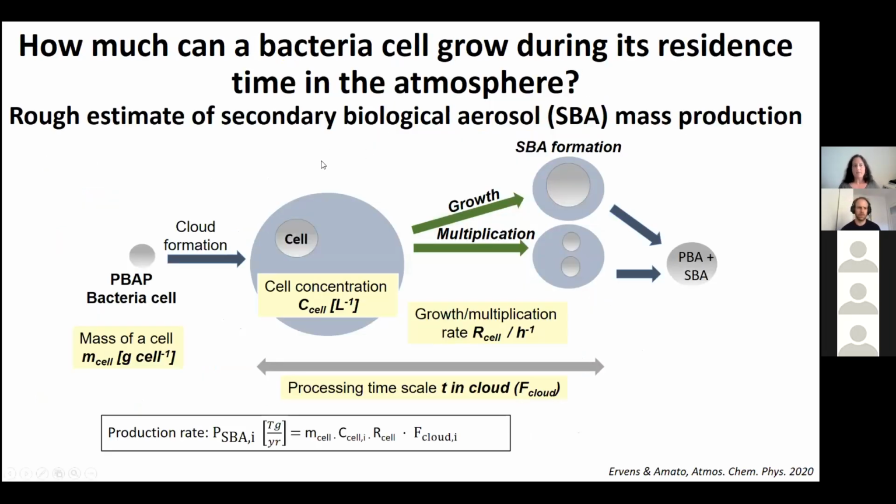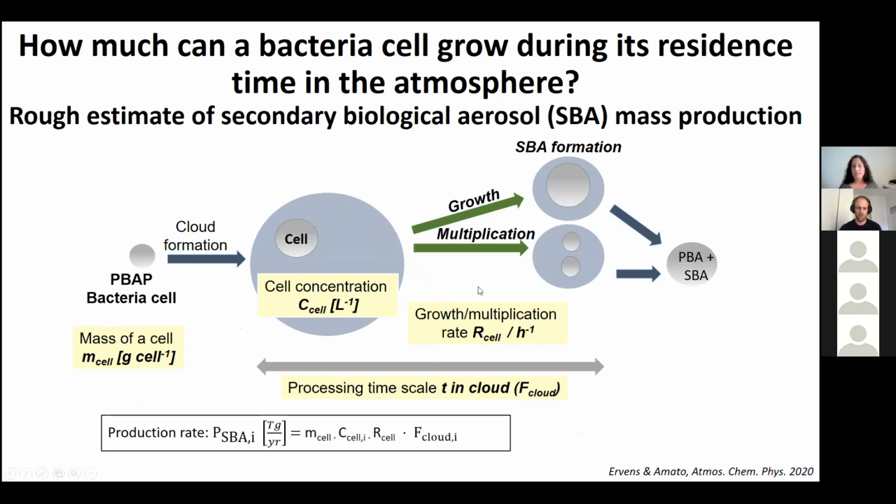Basically, we broke down the process into several steps. If we start with a bacteria cell, we know the cell concentration. So how many cells are there in clouds on average? These are measurements that are more or less routinely performed, for example here in France.